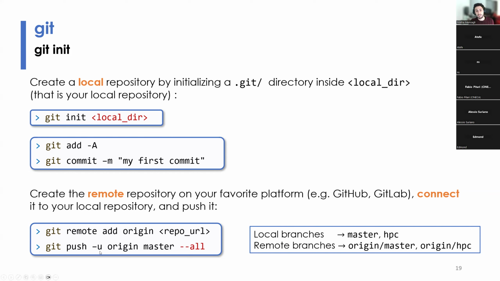And the -u is exactly what it's doing. This -u stands for upstream and will create the origin master branch if you use it as origin master, or if you use it as origin --all, it will create all the local branches on the remote repository. Therefore, it will create, for example, in this simple case, origin master and origin HPC.